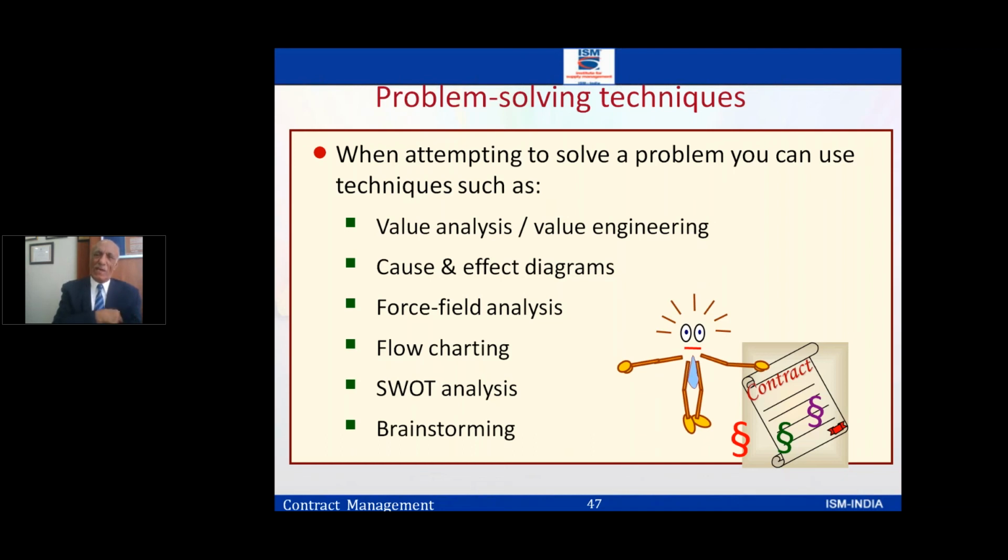The person who has designed at the drawing board stage, the drawing is so faulty, it leads into risk all the time. So somebody could do a much better job on that stage itself. Then we also look at the cause and effect. Well, this is happening. Why it is happening? We review it and then try to do it. SWOT, flow charting, I think you all know well.